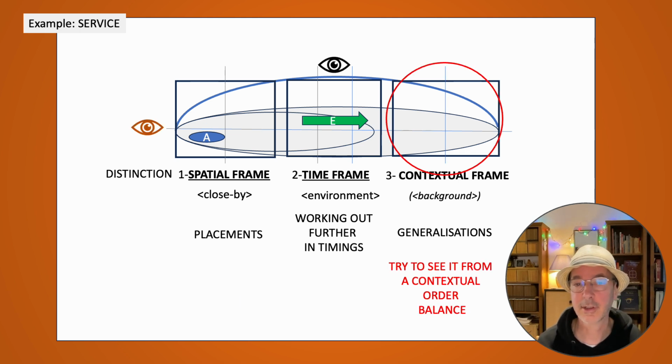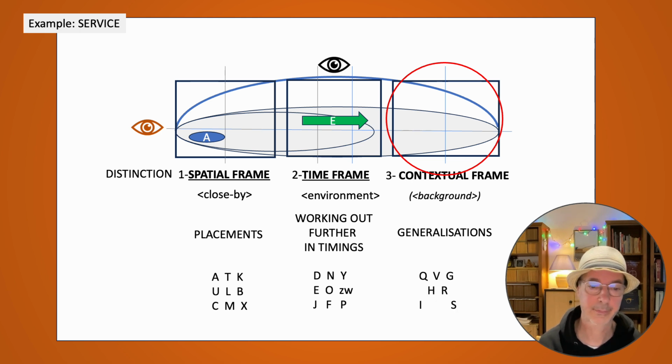Of course, you can see the things immediately in the right context, but that's a bit more difficult. I will try to get to that as well, that you can do all these things at once, that you immediately see, okay, this is the contextual order and balance.